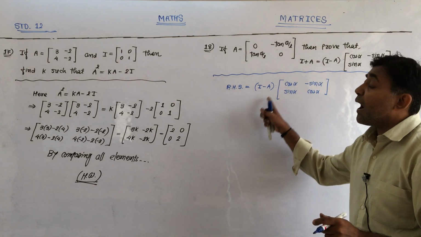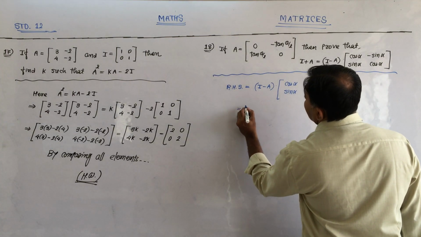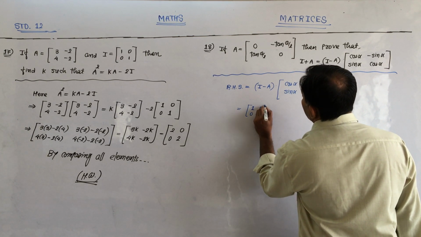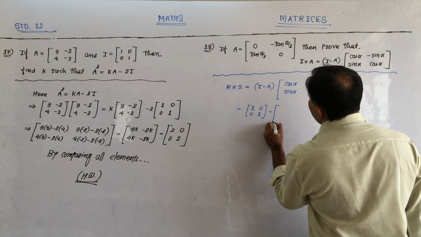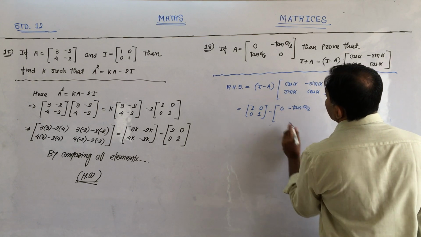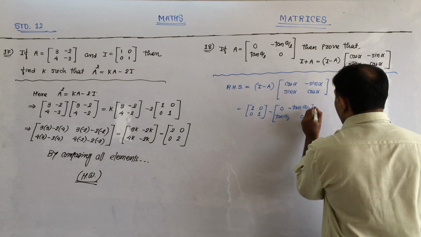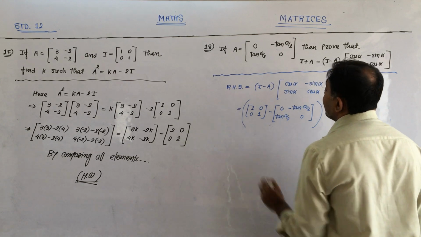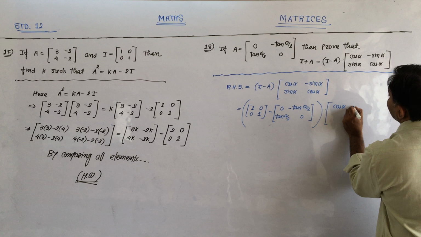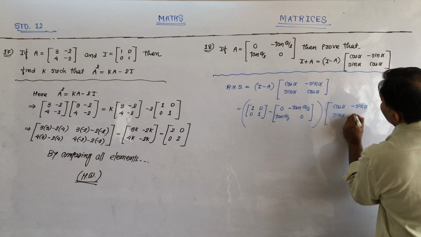I just write I minus A now. What is I minus A? You know that I means 1 0 0 1, minus matrix A, which is 0, minus tan theta by 2, and 0. Write this subtraction in a bracket, into the matrix cos alpha, minus sin alpha, and cos alpha.